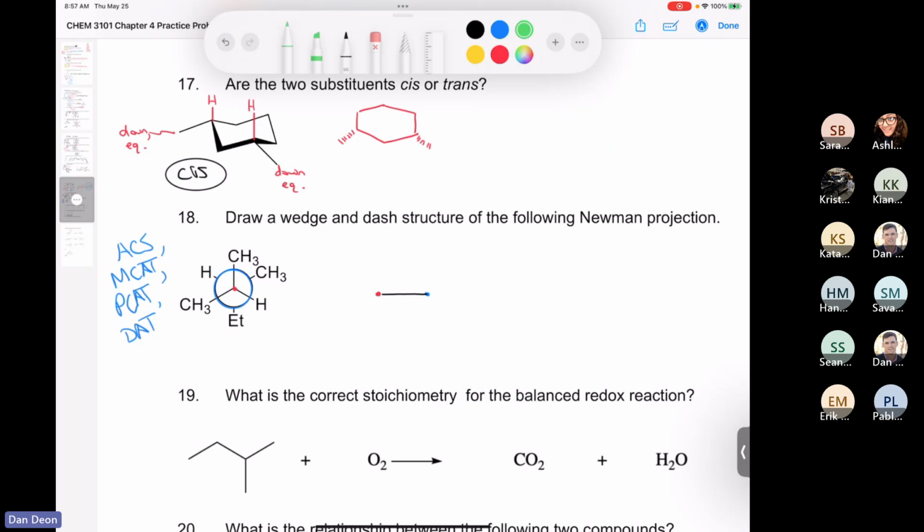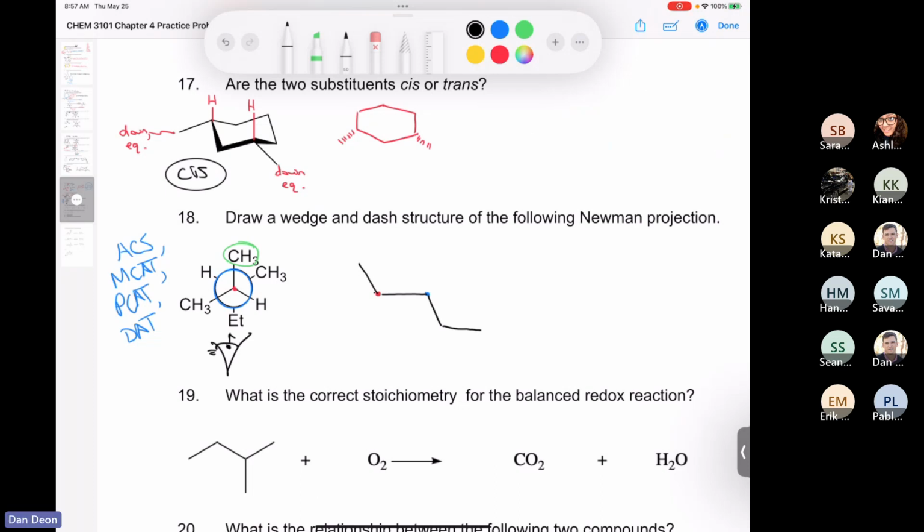Okay, so this methyl group is in the plane of the screen, okay? So that means that this methyl group on the carbon in red is going to be going straight up, right? That's not on a dash or a wedge, okay? But you're kind of looking at it from this angle, right? Your eyeball is here, and you're looking from this angle. So you see that there's an ethyl group in the back, right?